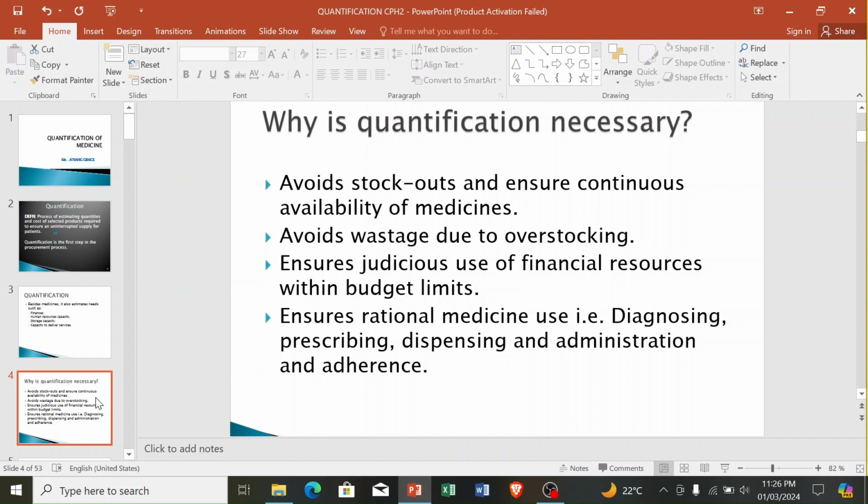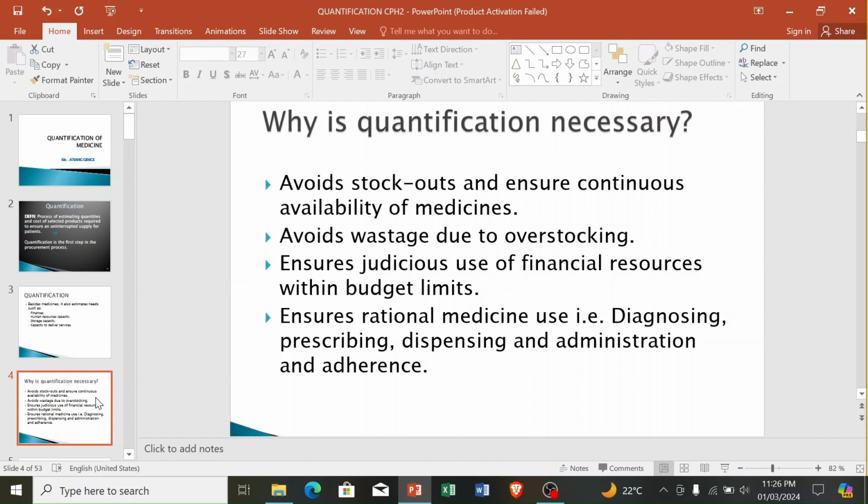We see that when we quantify correctly, we are ensuring rational use of medicine. So in diagnosing, we shall have the right diagnosis given to the right patient at the right time, because we need different reagents to carry out the different tests that a client may need.